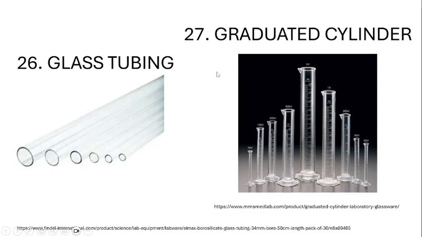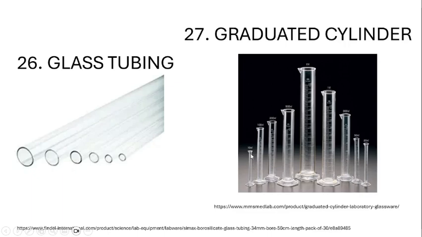The next is the graduated cylinder. So these are hollow glass cylinders with a beak, and they are made of glass, and some graduated cylinders have a plastic base, and then some graduated cylinders have a guard or a shield so that if the cylinder falls down it will not break right away.